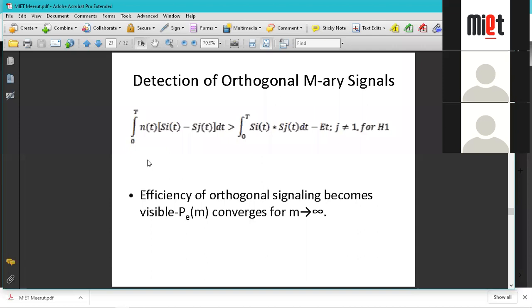If the left hand side is greater than the right hand side of this likelihood function, then it is for hypothesis 1. And if it is less than that, then it is hypothesis 0. Yeah, please, let's go to the next one.